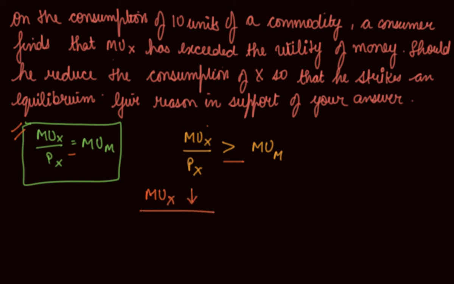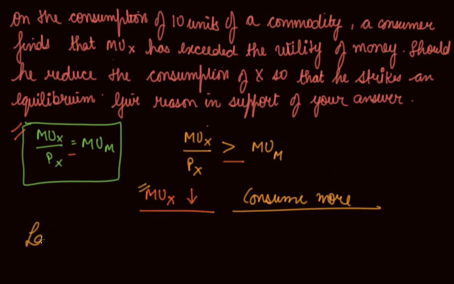Now how does your MUX decrease? If you consume more, your MUX decreases. That is, by consumption of an additional unit of commodity X, the additional utility derived is decreasing, which means that your marginal utility of X will be decreasing if you consume more and more of X.